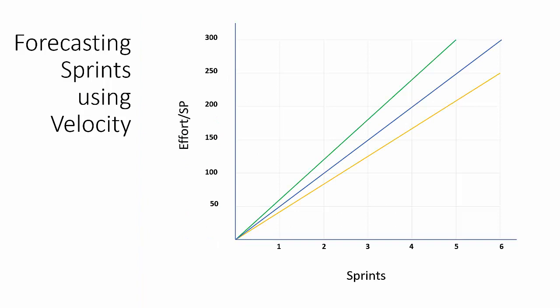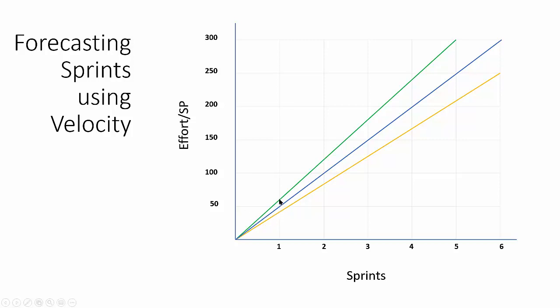Well, here's an example. Imagine that we have a team that is working for several sprints, and it has a velocity of about 60 story points when things go well per sprint, and 40 story points when things don't go that well per sprint.